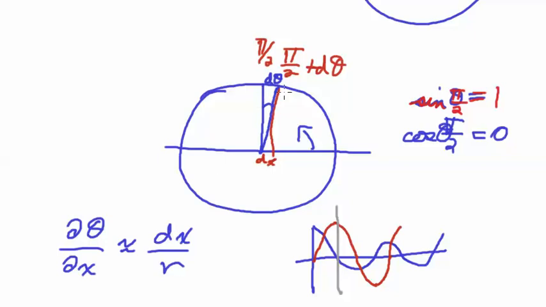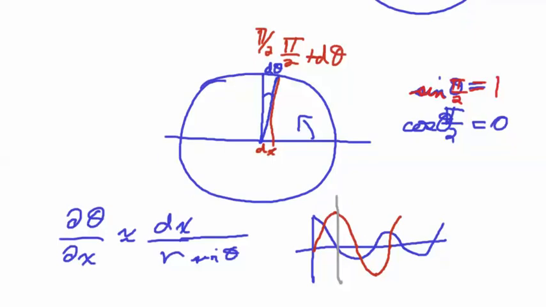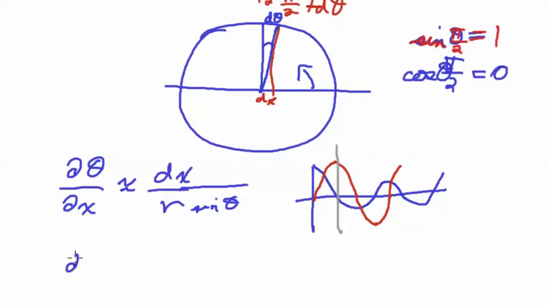And I think that if you make sine theta smaller, if you bring it over here, sine theta would go on the bottom of this. And I need to write this in proper calculus terms. d theta dx, del theta del x.